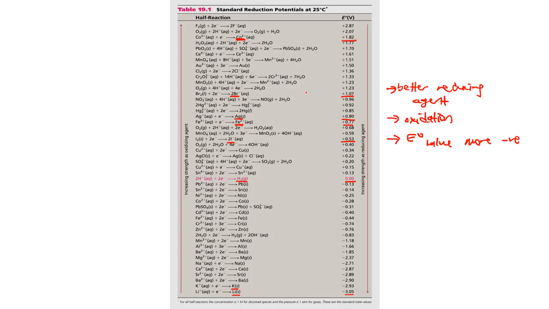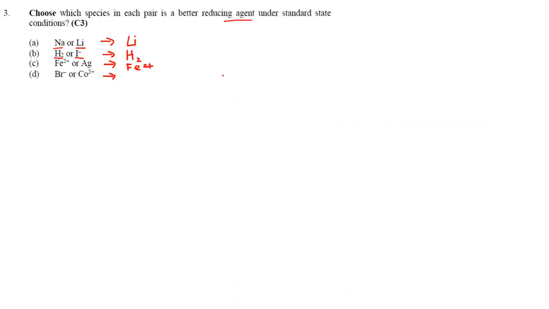So bromide ion dia punya E0 tu lebih negatif lah. Kalau you compare positive 1.82 dengan positive 1.07, positive 1.07 tu lebih negatif. So maksudnya kita punya Br minus, our Br minus is a better reducing agent.